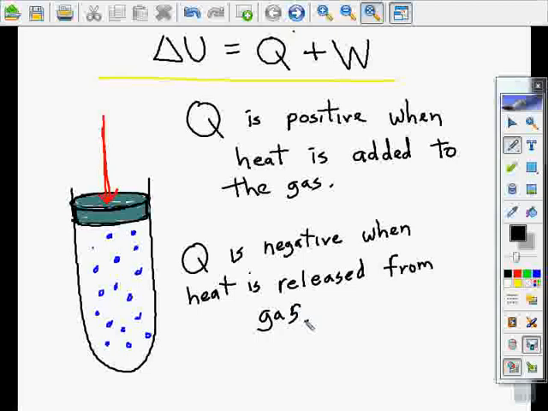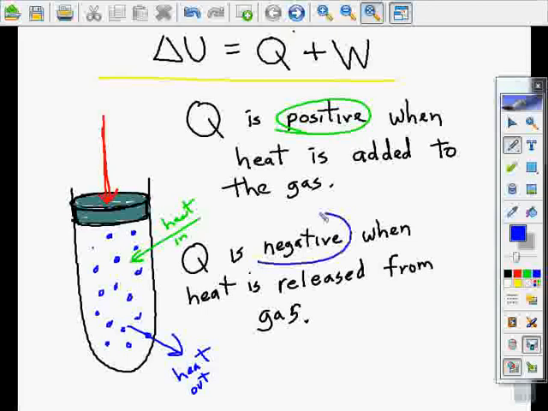Said when the heat is released from the gas, always looking for a key word there, like when the heat is expelled from the gas, or when the heat is extracted from the gas. The heat goes from the gas to its surroundings. So if the heat is going in, that's positive. But if the heat is coming out, that's negative.